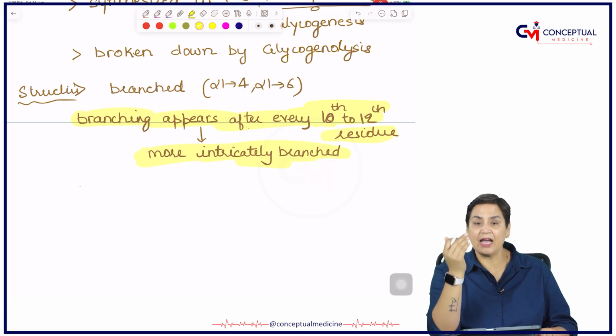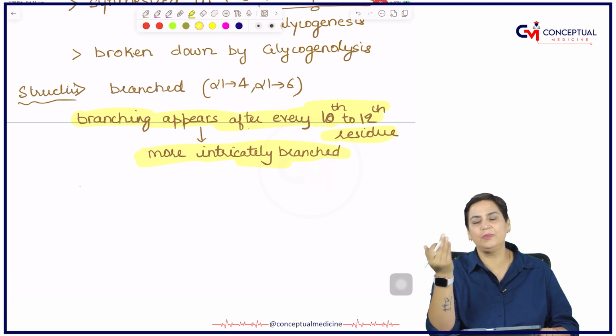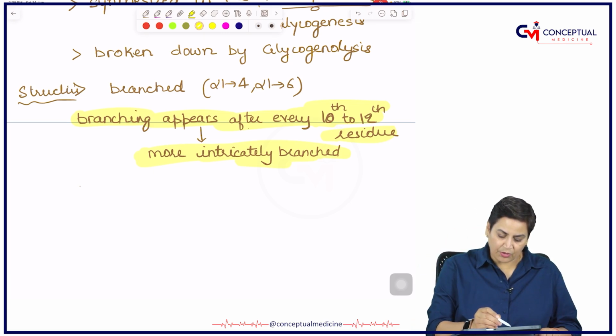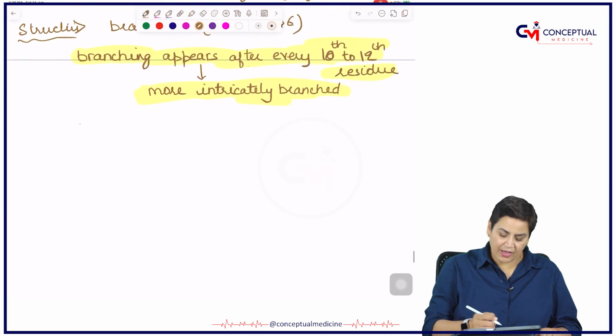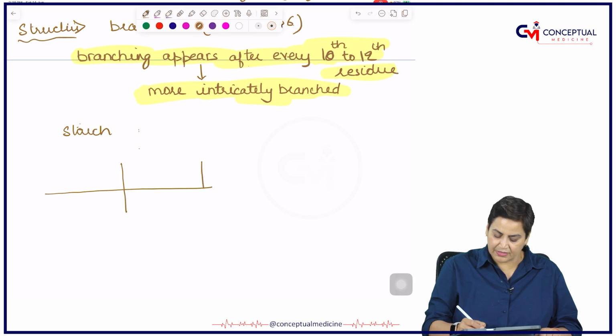And it is said that after 10 to 12 hours of fasting, the entire glycogen reserves will be depleted to form glucose. So this is one very important aspect. Suppose the structure of starch is like this, alpha 1,4 and alpha 1,6.